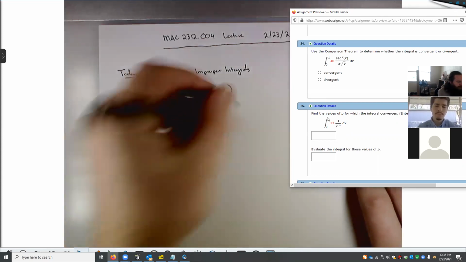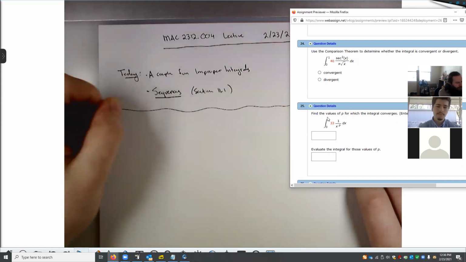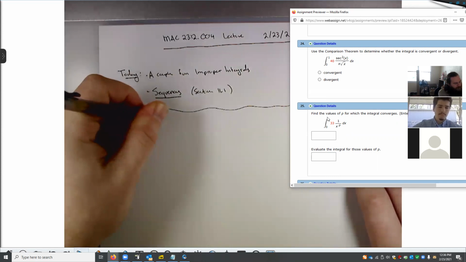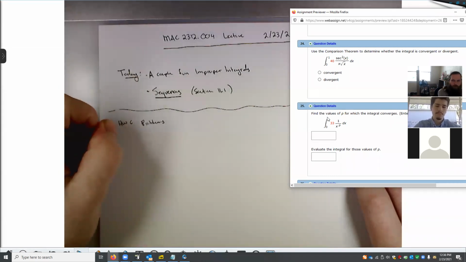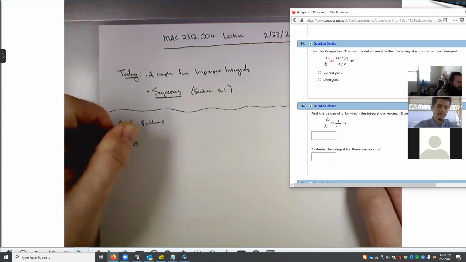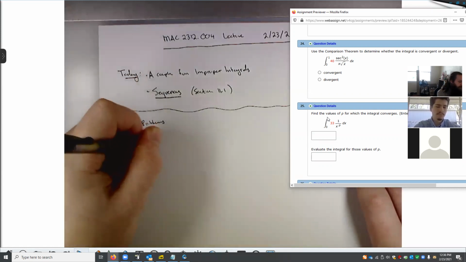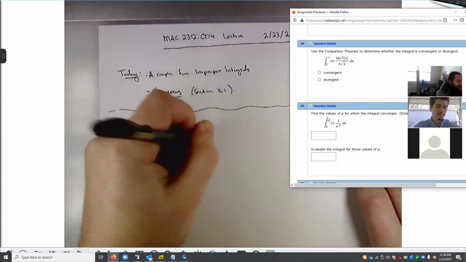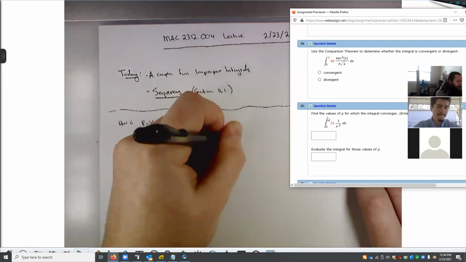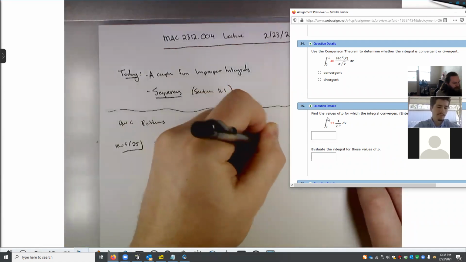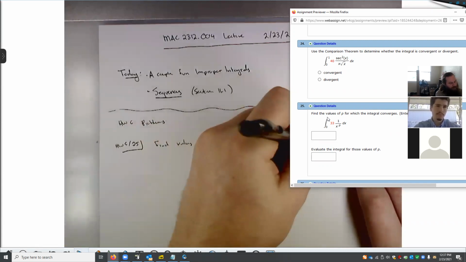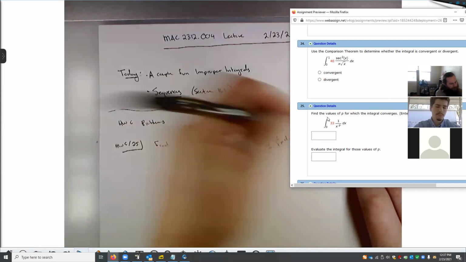Let's look at the homework problems. Number 25 asks you to find values of P for which the integral from 0 to 1 of 1 over x to the P dx converges.